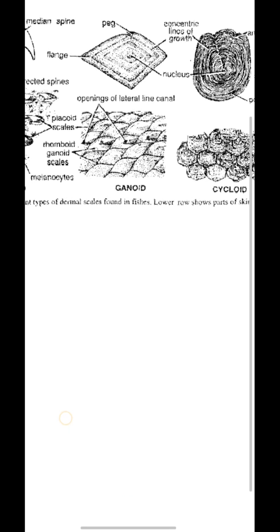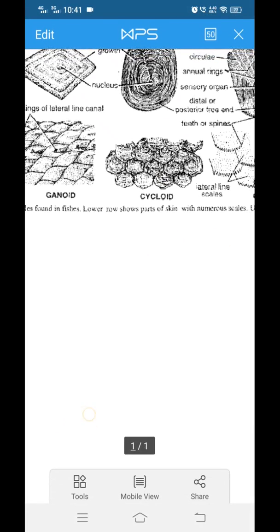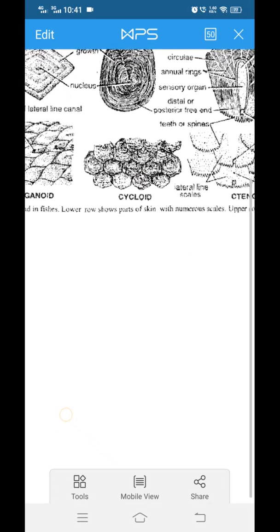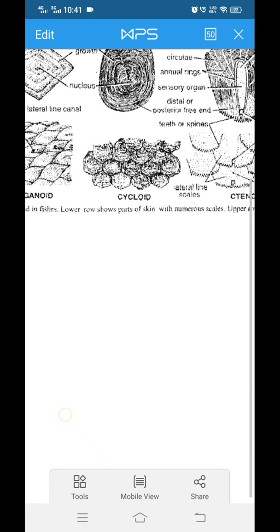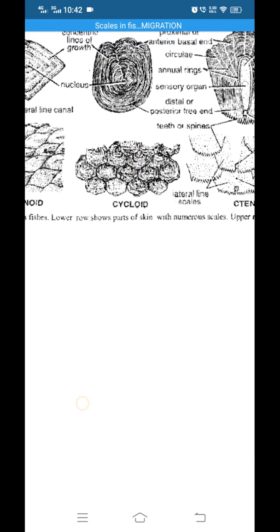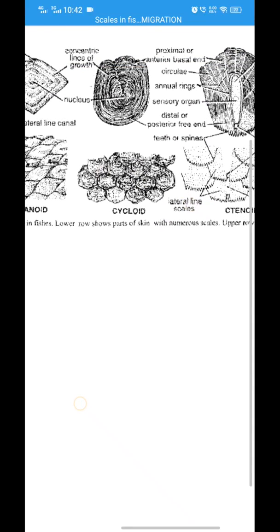Talking about another kind of scales, that is cycloid scales. Here you can see in the diagram, these are the cycloid scales. These are thin, flexible, translucent plates, rather circular in outline, thicker in the center, and marked with several concentric lines of growth which can be used for determining the age of fishes. If you closely see the diagram, inside these structures you can see concentric lines.